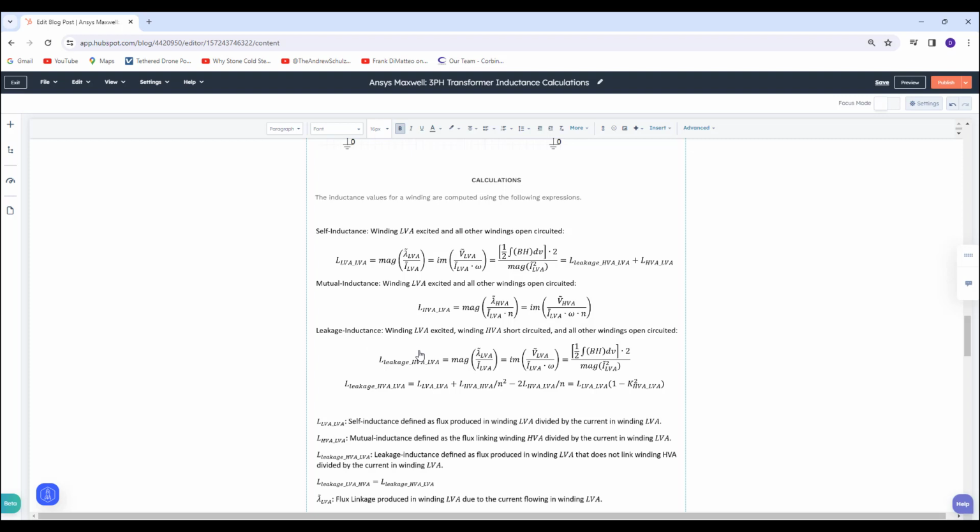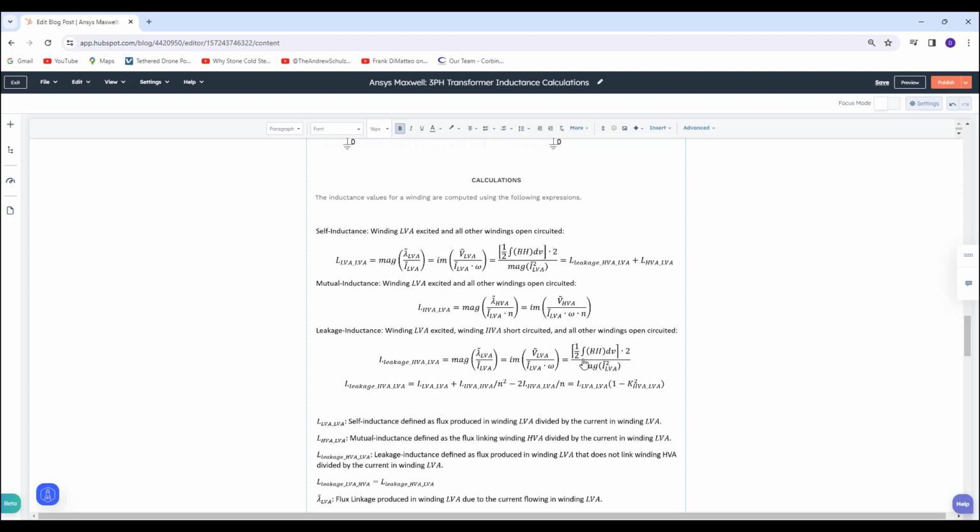So leakage inductance computed here. Leakage inductance with respect to the stray flux in the high voltage phase A with respect to the low voltage phase A current producing the flux, okay, is equal to the magnitude of the flux linkage in the low voltage phase A winding divided by the current flowing in the low voltage phase A winding is equal to the induced voltage in the phase A winding divided by the current flowing in the phase A winding divided by the operating frequency omega, radian frequency, angular frequency, okay?